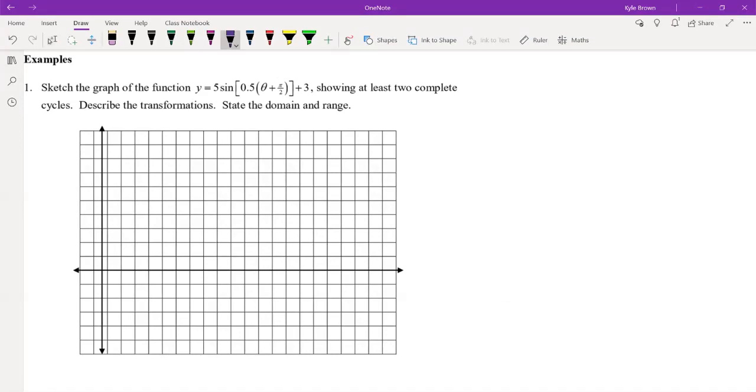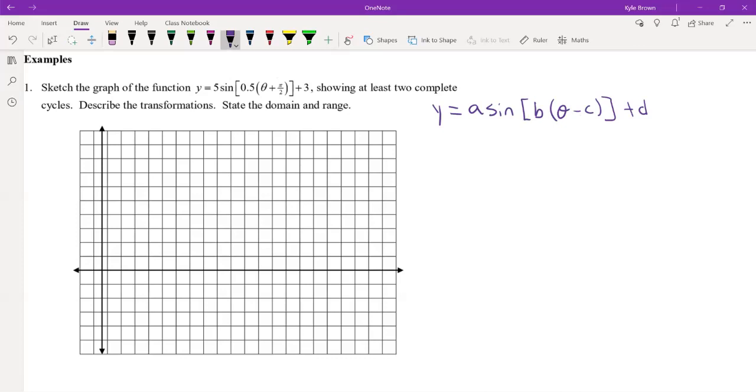The base function here is y is equal to a sine, and then b, and then you could say x or you could say theta. In this case, they've written theta, so I'll say theta minus c, and then plus d, right? So that should look pretty familiar.